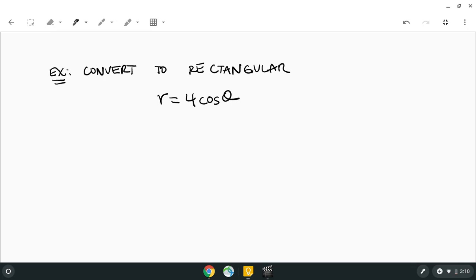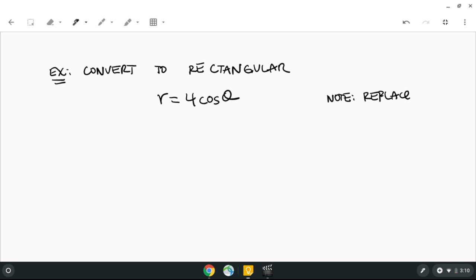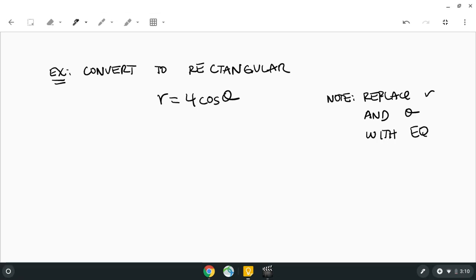Our theta here is attached to cosine. So here we're going to replace r and theta with equivalent x's and y's.